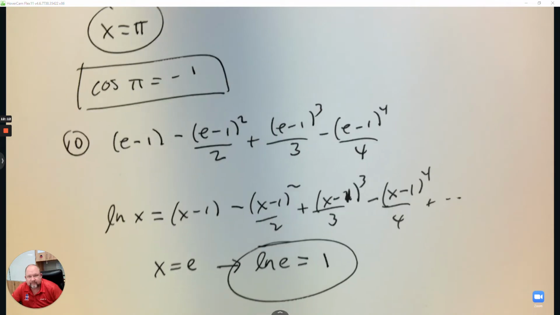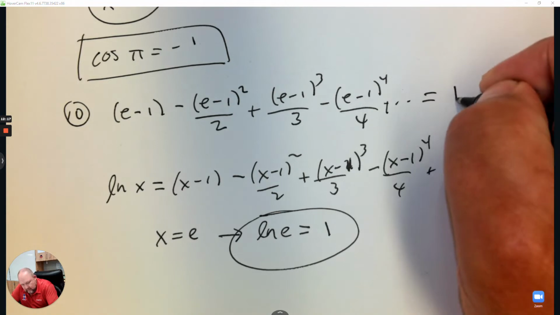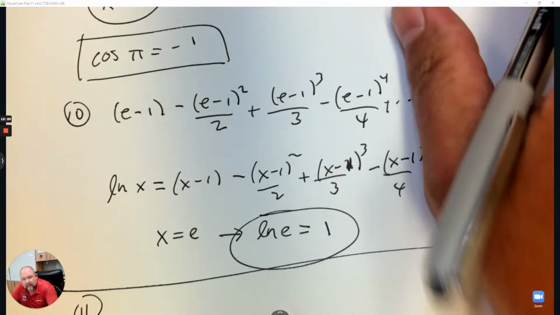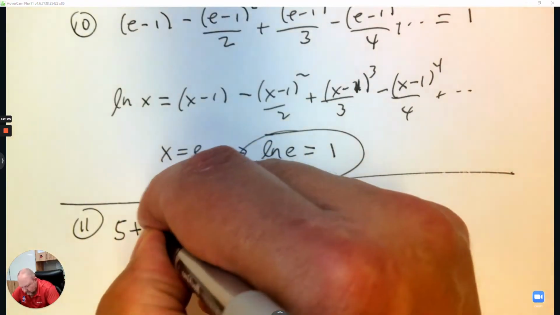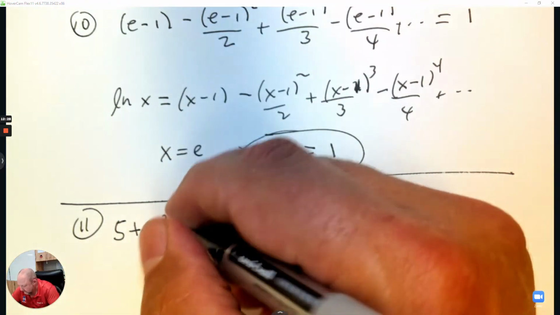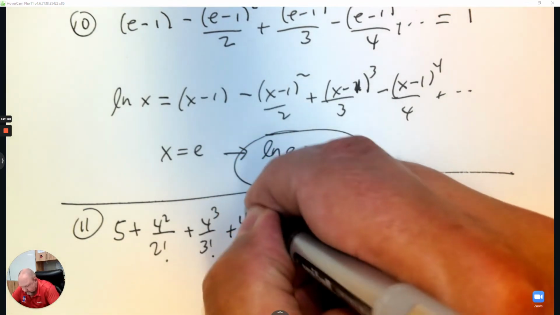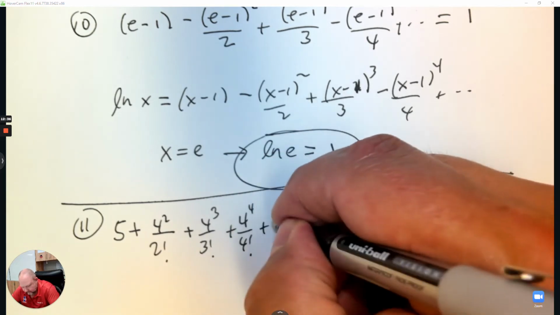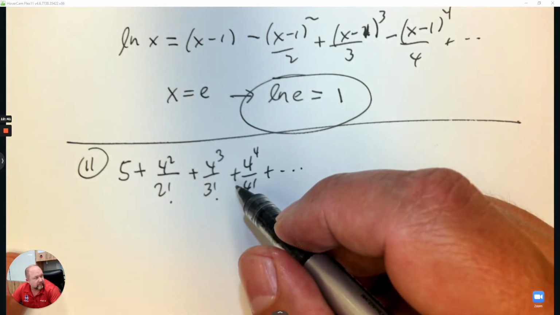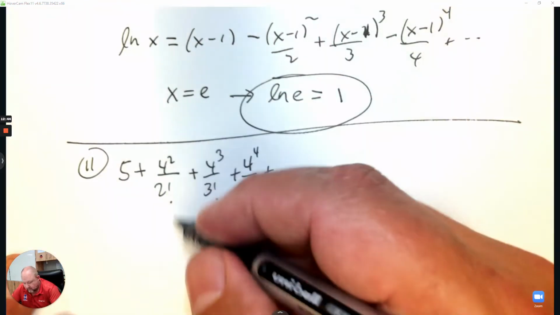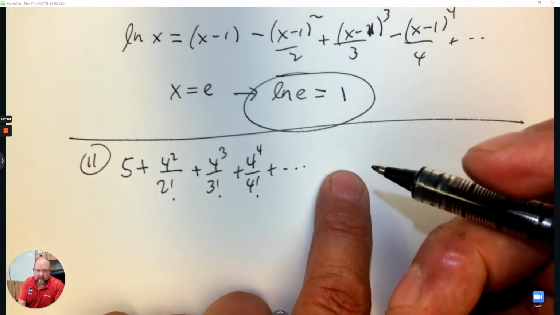Number 11. So first of all, identify which series it looks like. And it looks like e, because they're all positive with this on the bottom.